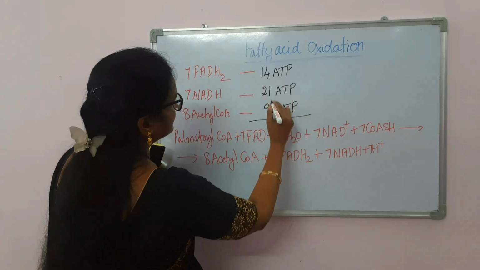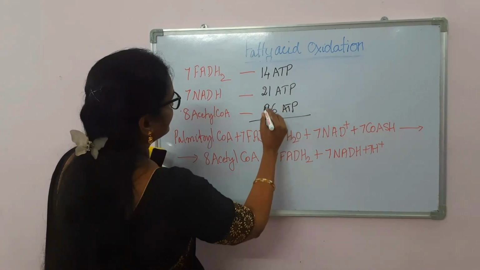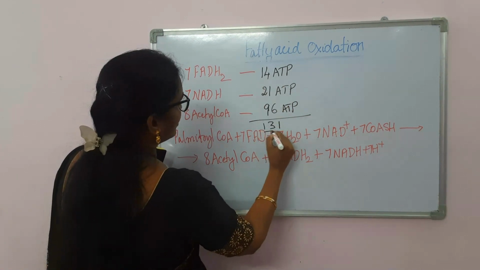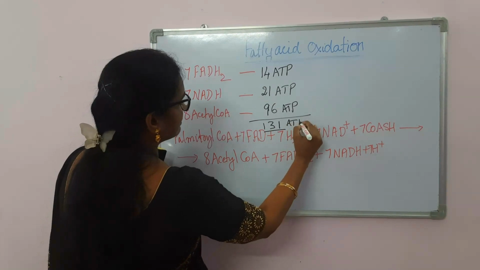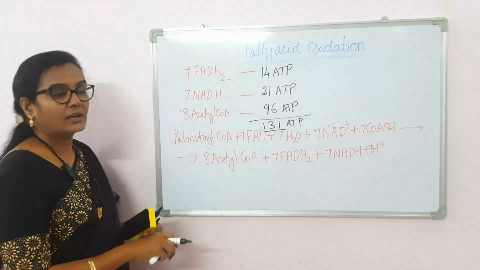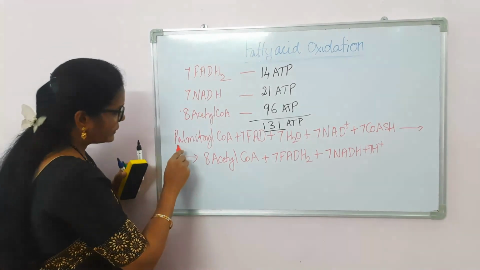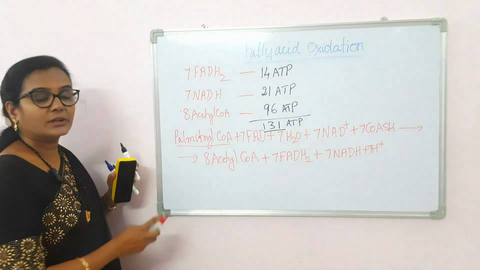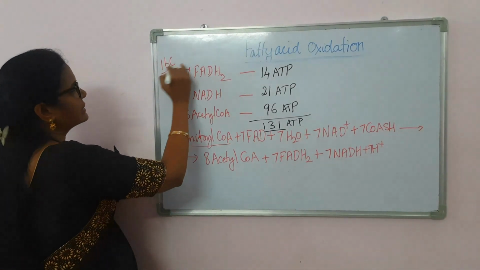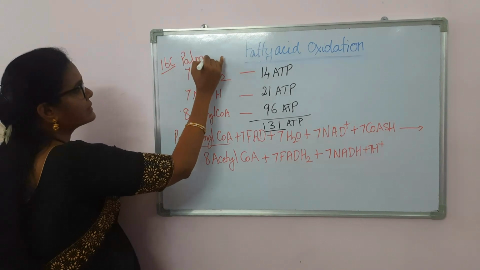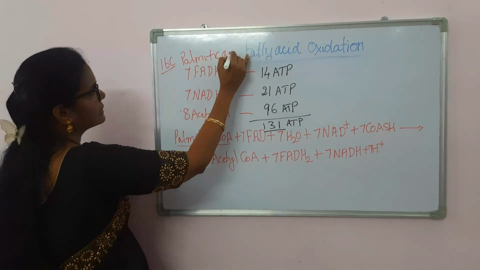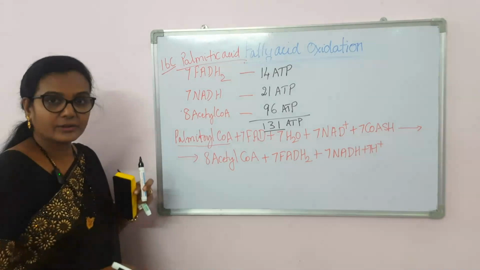So the total is 131 ATPs generated when a 16 carbon fatty acid, palmitic acid, is oxidized.